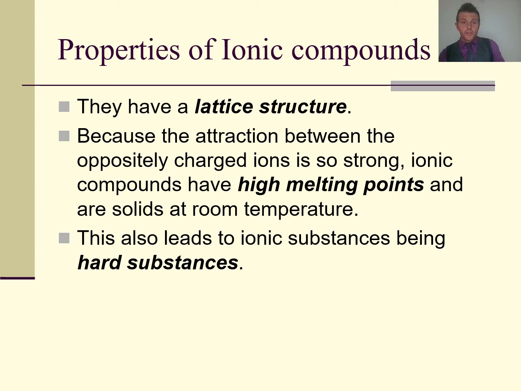All right, properties of ionic compounds. They have a lattice structure. We just saw this. Ionic compounds, since they are oppositely charged ions, their attraction is incredibly strong. And since it's incredibly strong, it's going to lead to two main properties. One of them is it's going to have a very high melting point. A lot of these things melt in the thousands of degrees Celsius range.